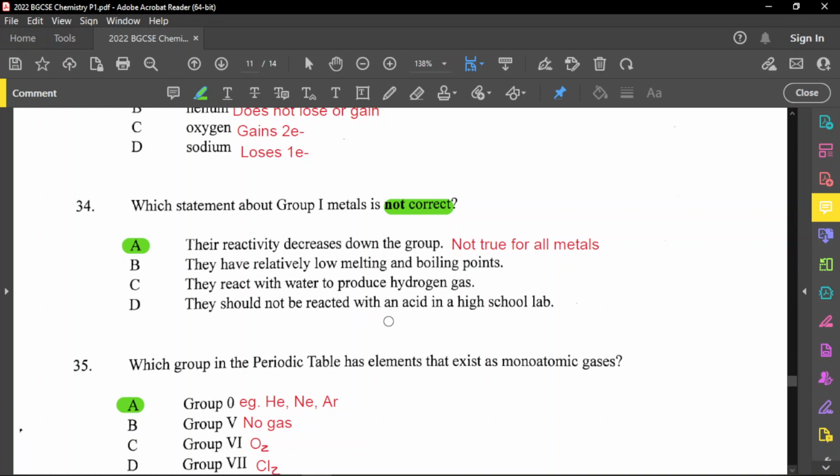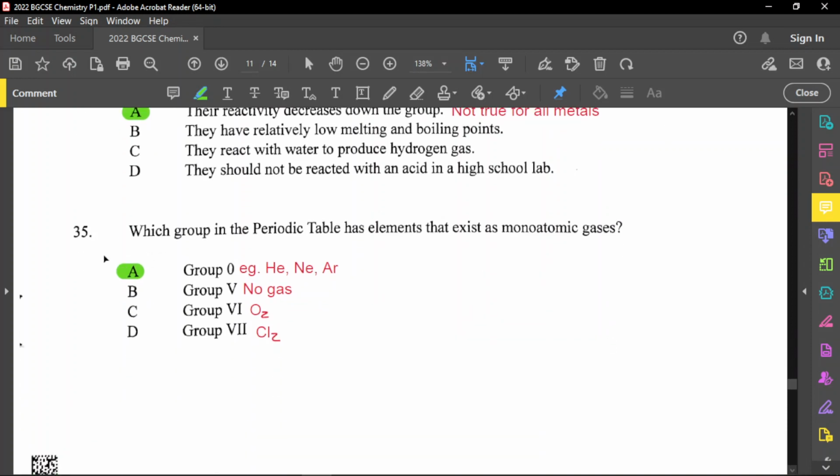They should not be reacted with an acid in a high school lab because of the danger and how reactive they are with acid. And of course, they can really explode as well. So therefore, it's not recommended for you to do that in a high school lab. It requires a lot of safety measures and precautions. So we don't do that in a lab. And please do not try to do it in a lab, all right?